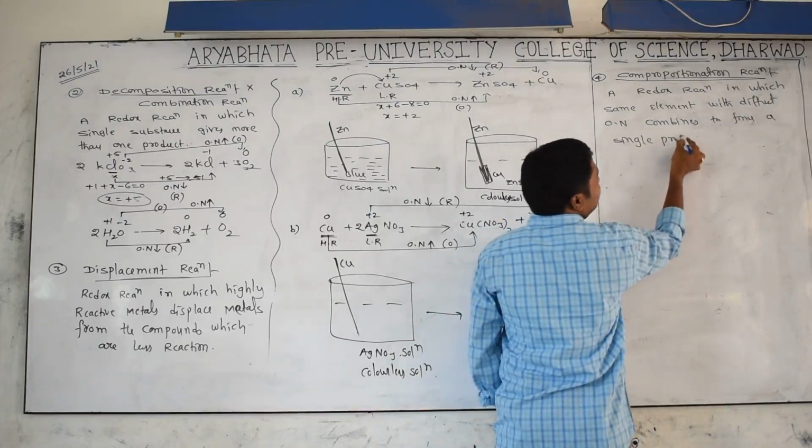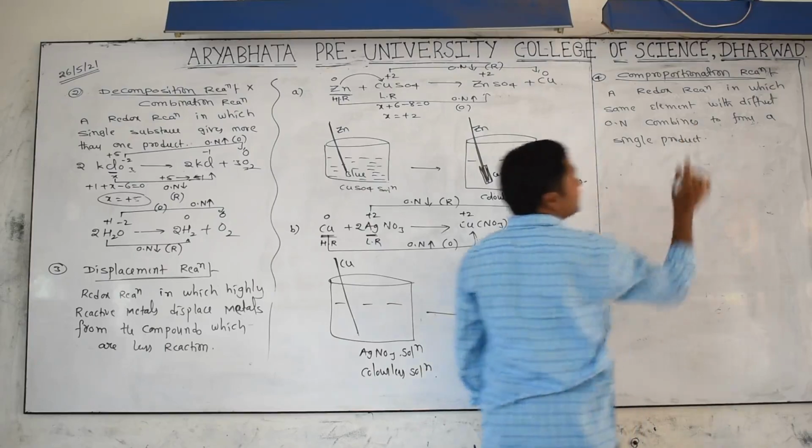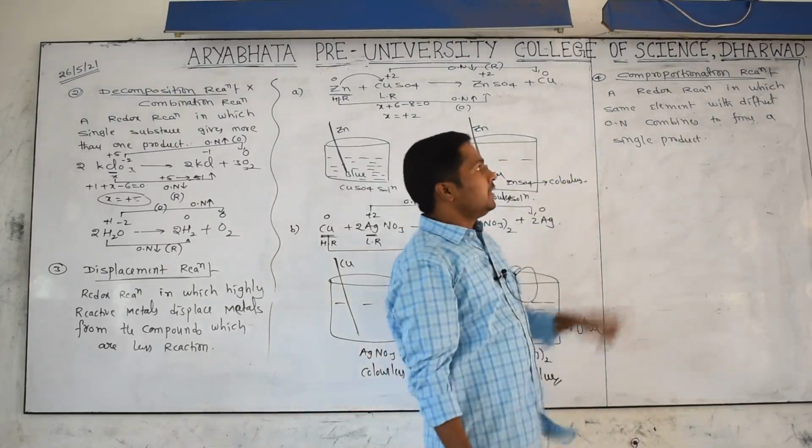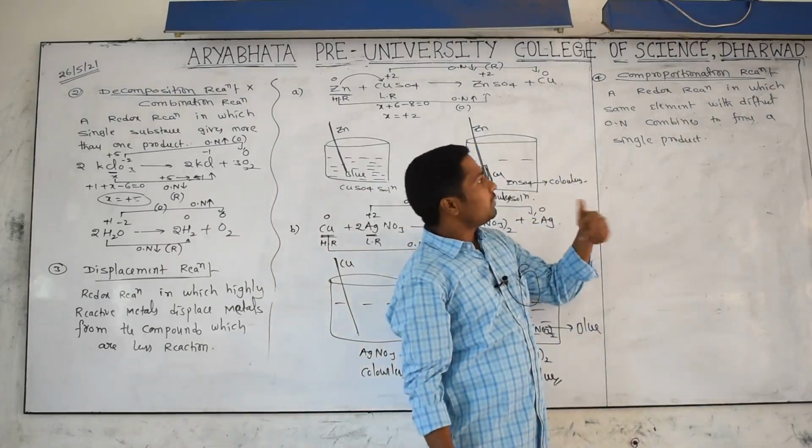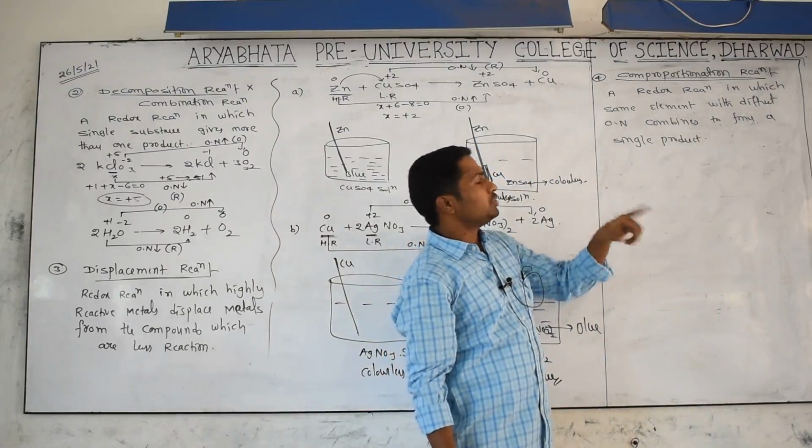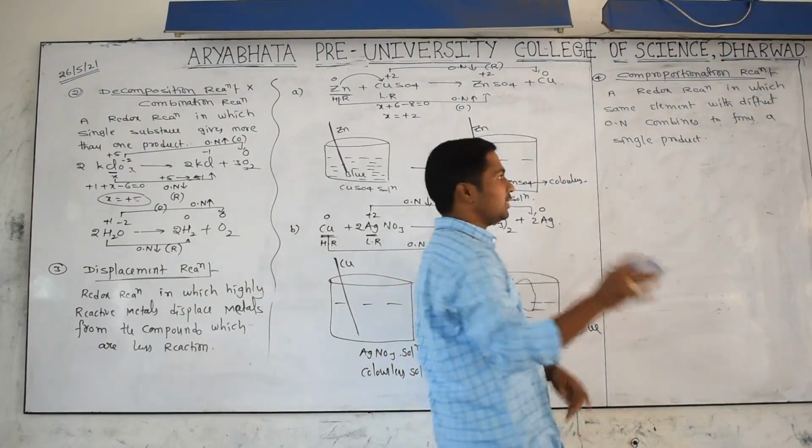I think you understood. See the definition once. It is a redox reaction in which the same element with a different oxidation number combines to form only a single product. I will tell you one example.